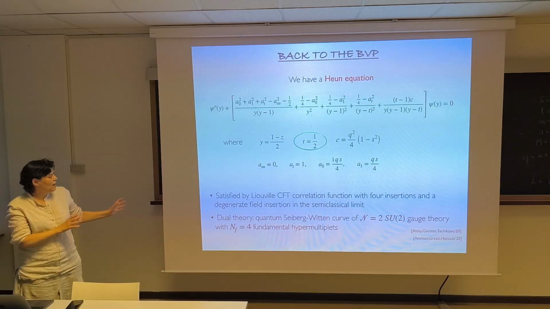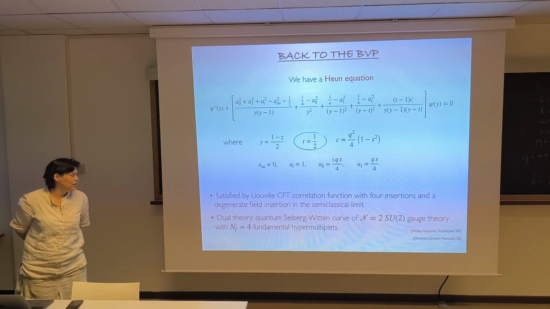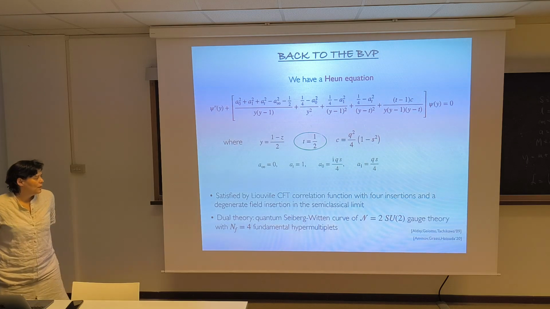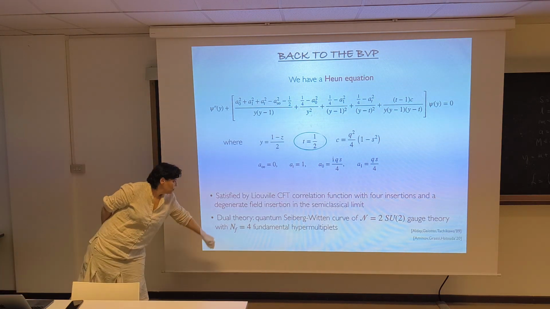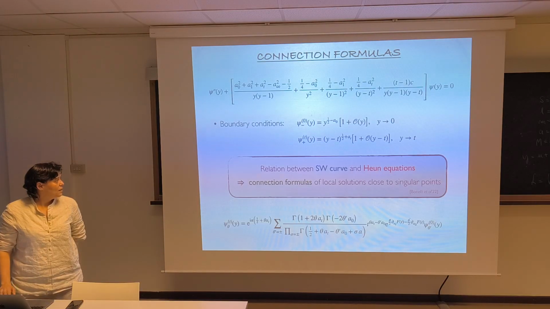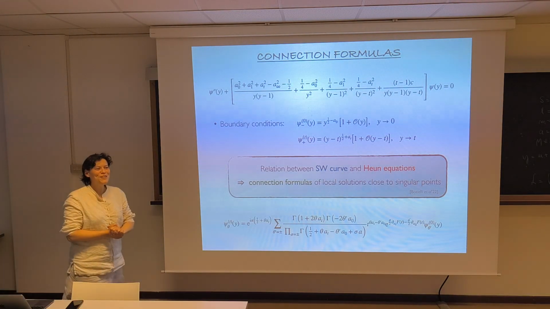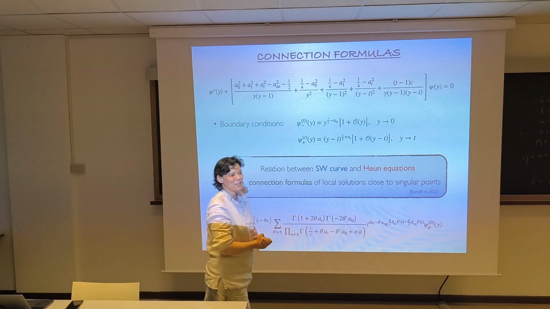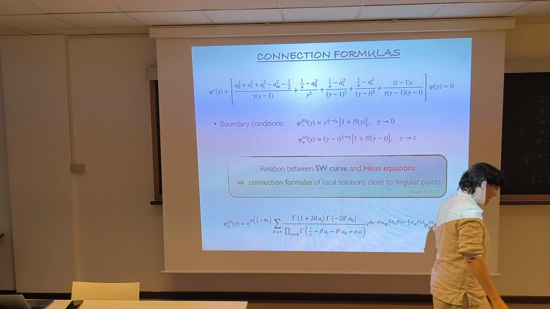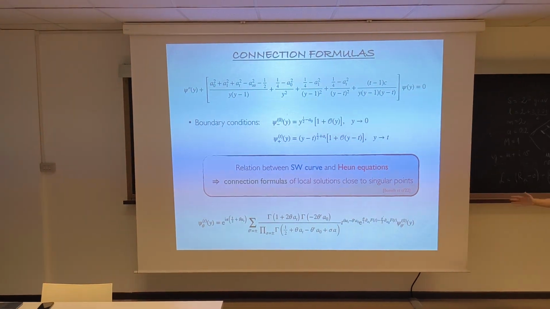We know that we can relate this to a dual theory that is basically given by the quantum Seiberg-Witten curve with 4 fundamental hypermultiplets, and many people in the audience, the organizers, have done connection formulas for this. I don't need to say, hopefully, where they come from, but we can use that.